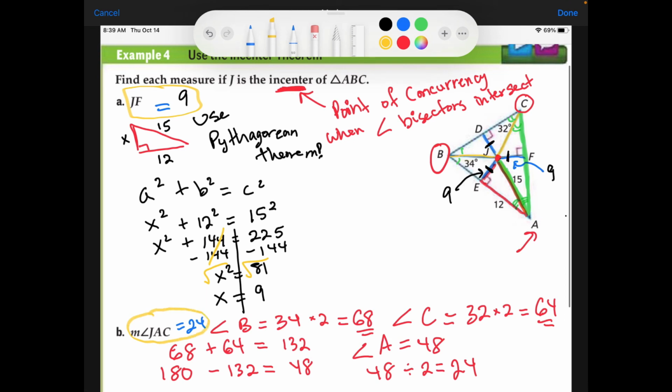So I know those are several steps. So the first thing, I'm going to go ahead and put steps 1 and 2.